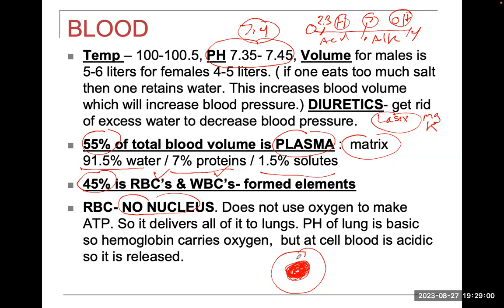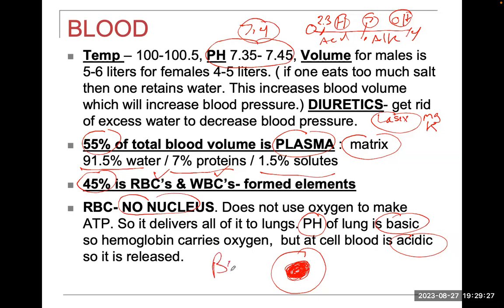How does the red blood cell pick up oxygen at the lung? Well, the pH of the lung is alkalinic or basic, so the hemoglobin can connect to it. And as you move further away from the lungs into other tissues, it becomes more acidic. And the red blood cell releases that oxygen in a more acidic environment.